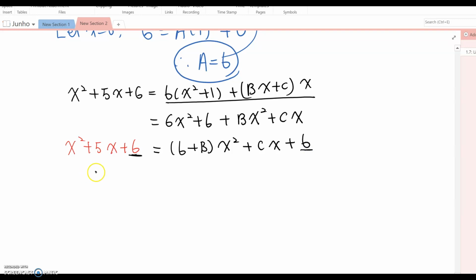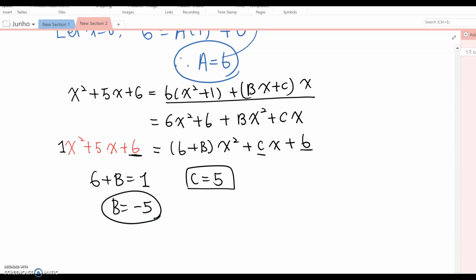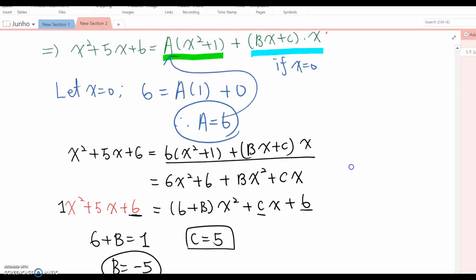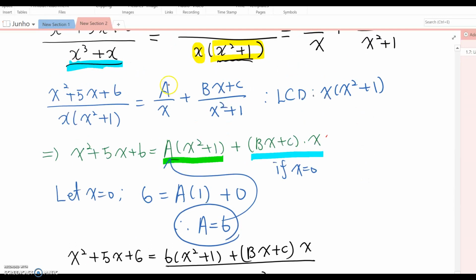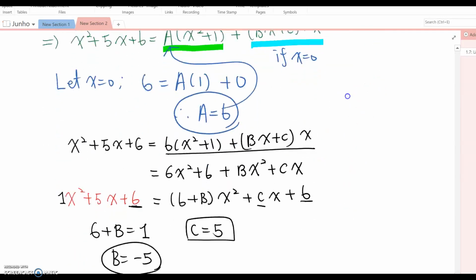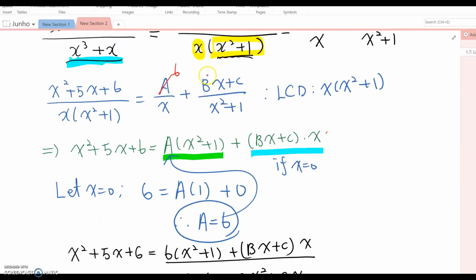Since the last terms, 6 and 6, are equal to each other, now we can set up 6 plus B equal to 1, because the coefficient is 1, and then C equal to 5. So we found C equals 5 already. From here, B equals negative 5. So we found A equals 6, B equals negative 5, and C equals 5.